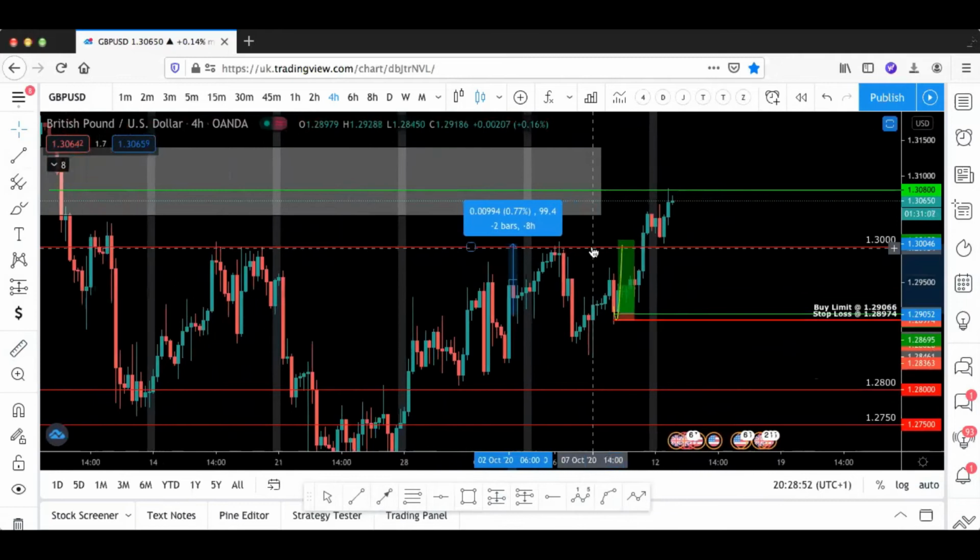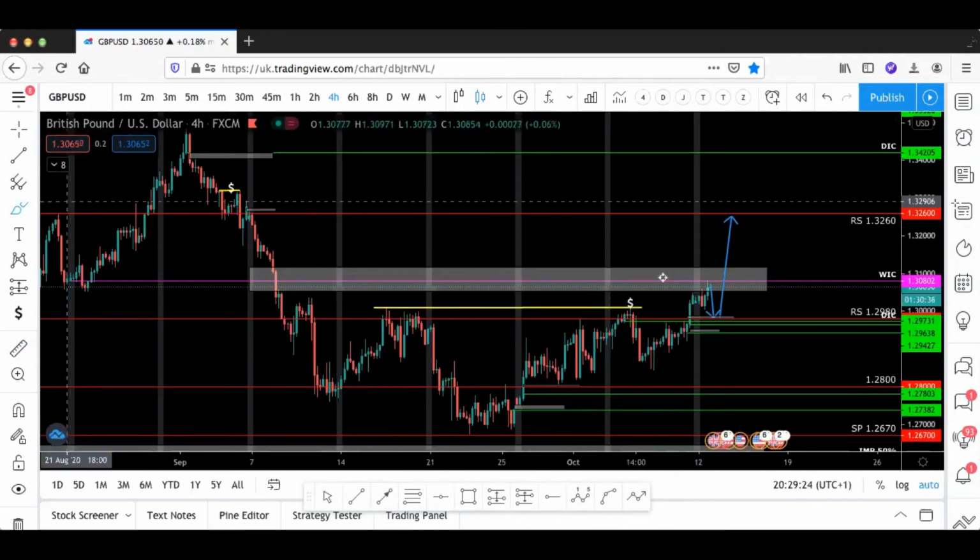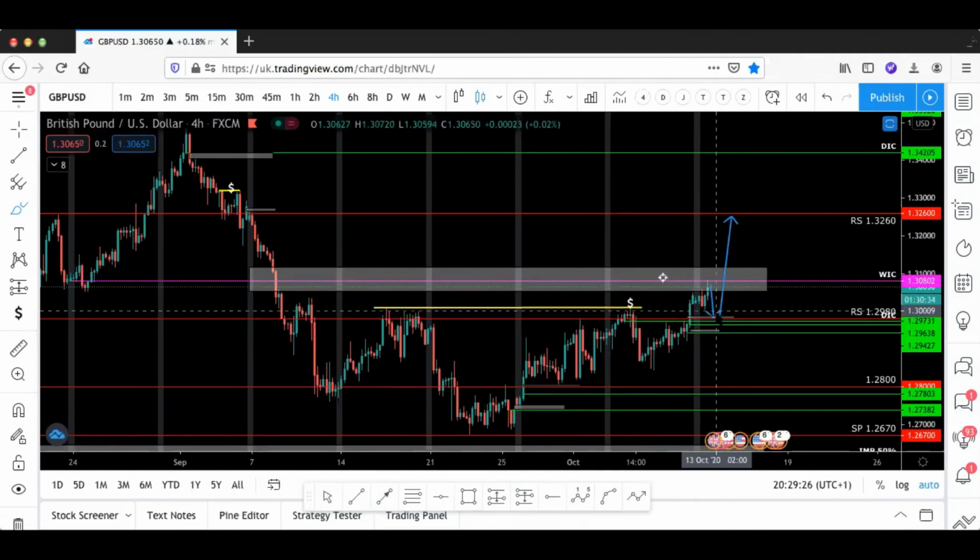Now, what is next? I'm anticipating GBPUSD to run lower, a little pullback, then we could anticipate price to run higher towards the 1.3260 price level area. This is the move I'm anticipating on GBPUSD.